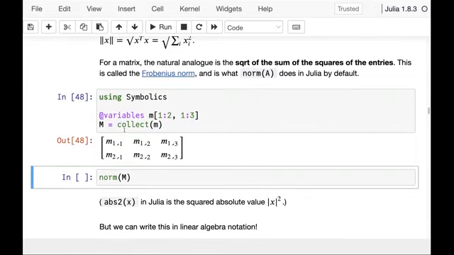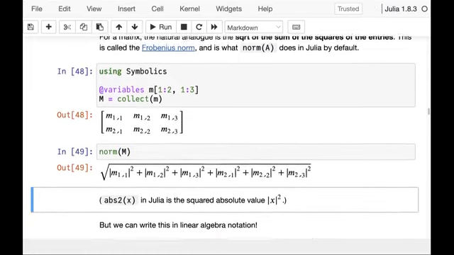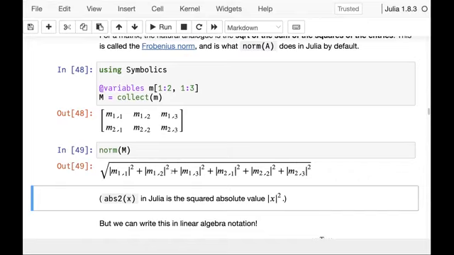Yes. Okay, so now I can have subscripts if you like subscripts better. Then I can type norm, and it will do that symbolically, and it's exactly what I just said. The norm is the square root of the sum of the squares of the entries, and it puts absolute value signs here because if they're complex numbers, then you need those. But we're dealing mostly with real numbers in this class.